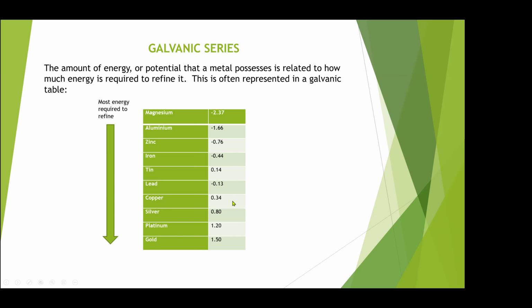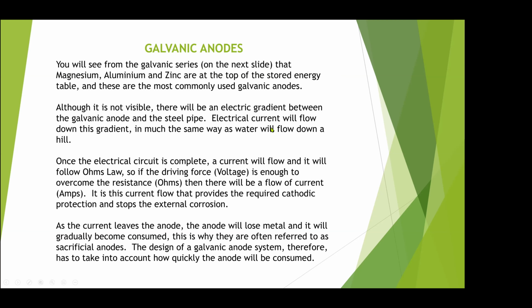However, if you connect copper to, let's find something reasonable, if you connect steel to copper, you see that the actual steel will act as an anode and will corrode away. Now, I mentioned earlier about the electrical gradient. That's really very important to understand this concept, especially when we come to stray currents and interference.